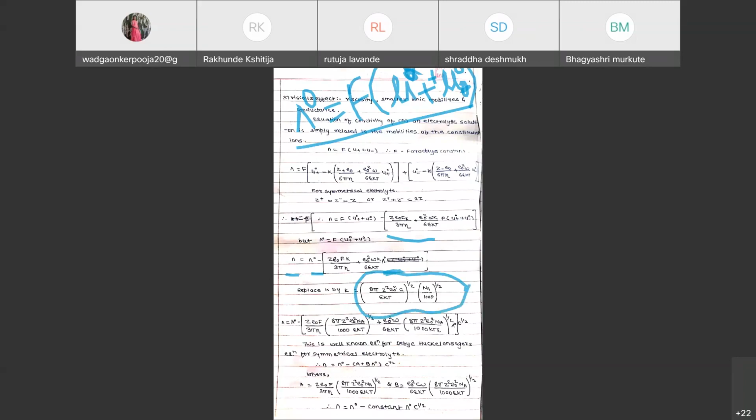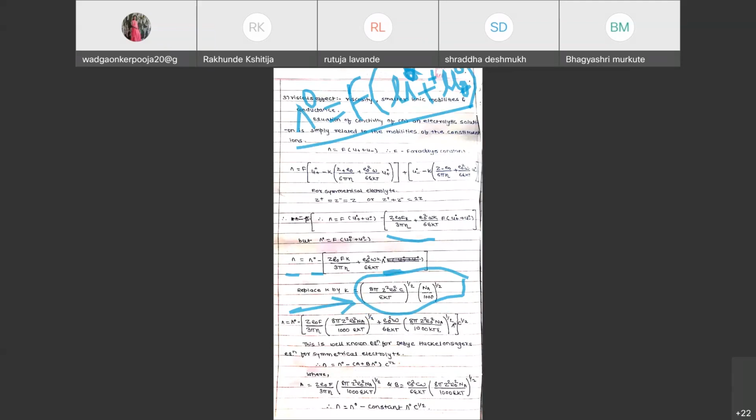What did I tell you? Whatever your constants A, B and K are, you have to put their values. You will get these values, but before that, what is this? K is equal to this one. Simply take this, and there is no shortcut to mug up this equation. If you don't want to mug up this equation, then you can have a detailed explanation for it, which I'll send you.